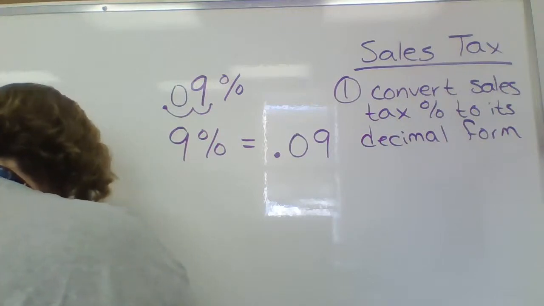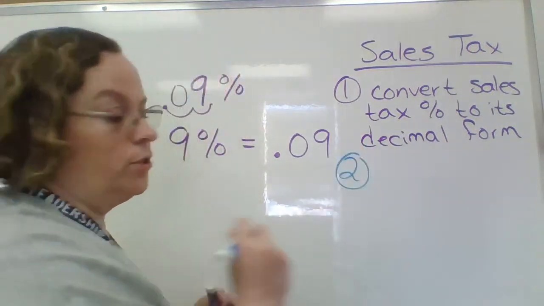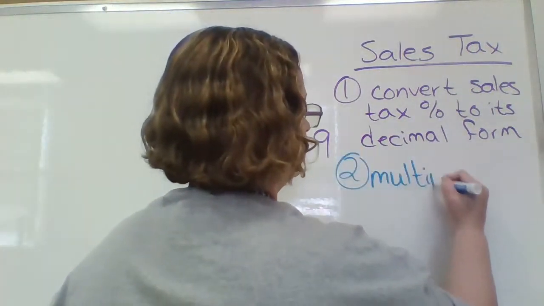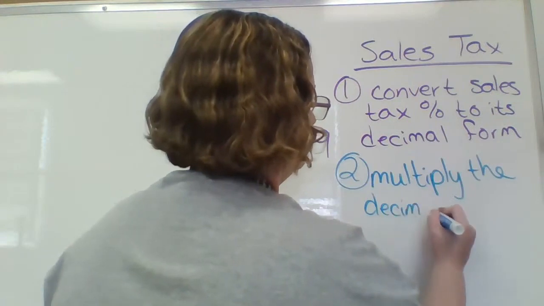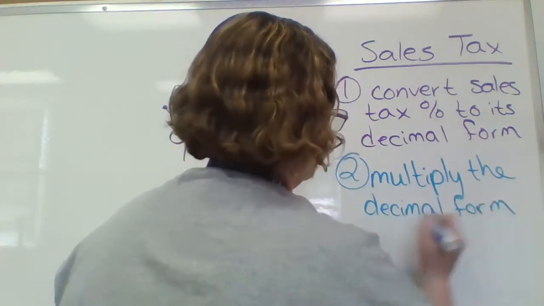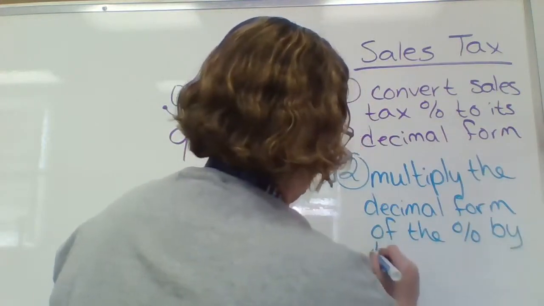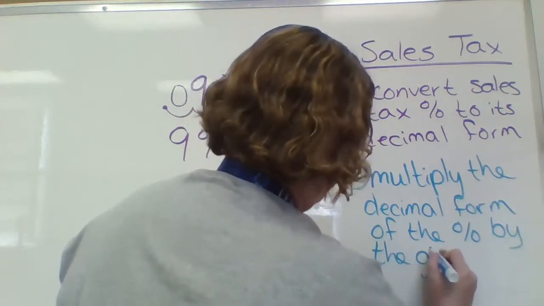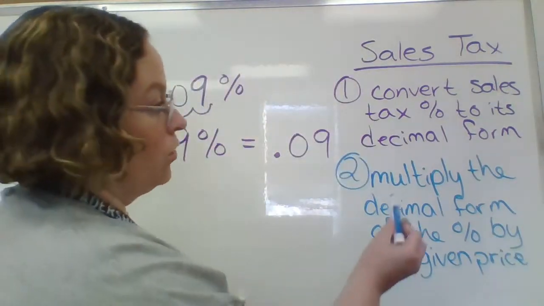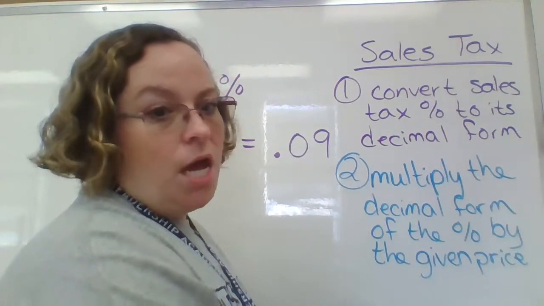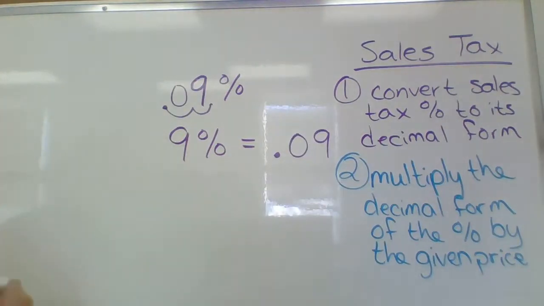And then the second thing we do is multiply the decimal form of the percentage by the given price. So that's the second thing we do.